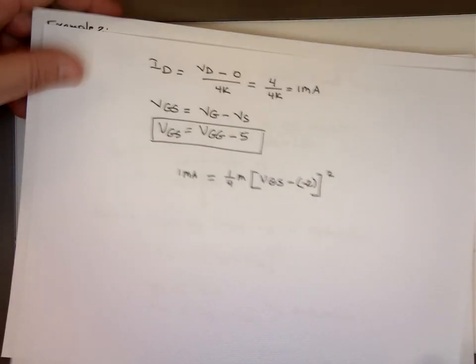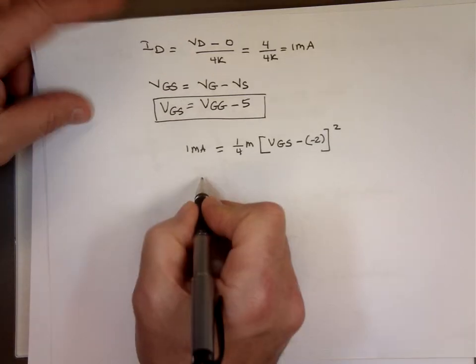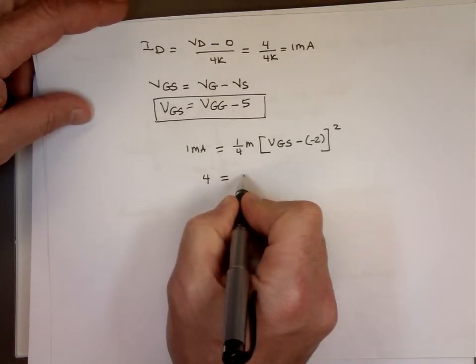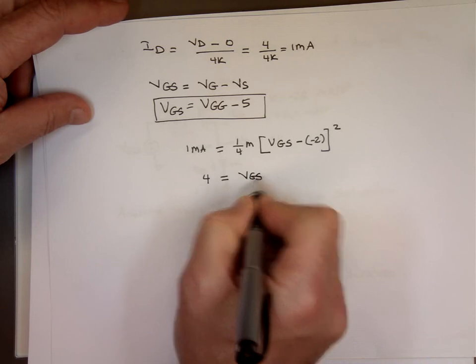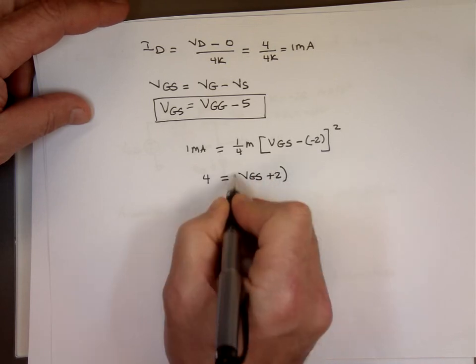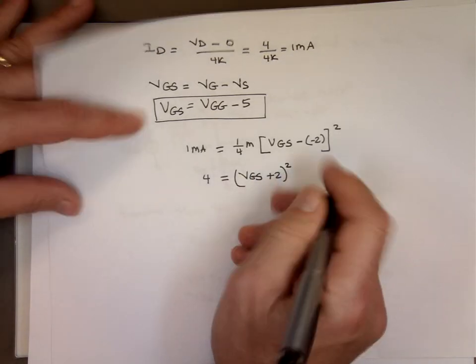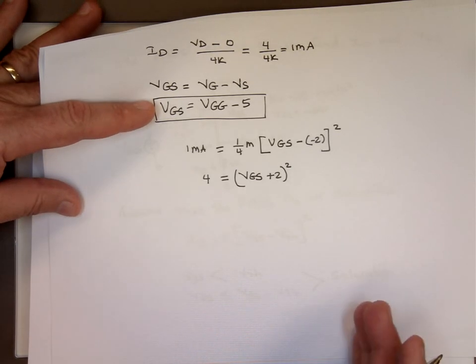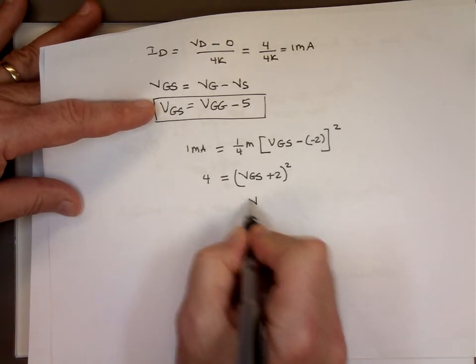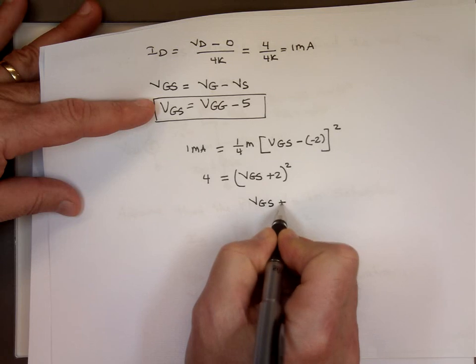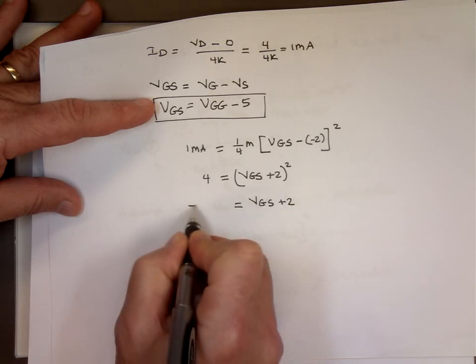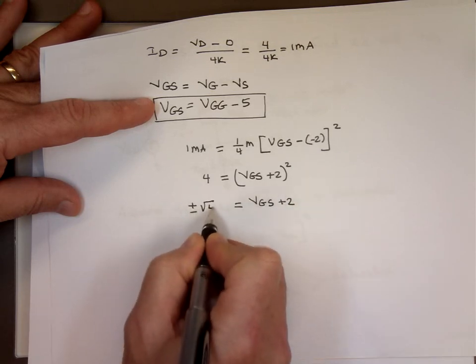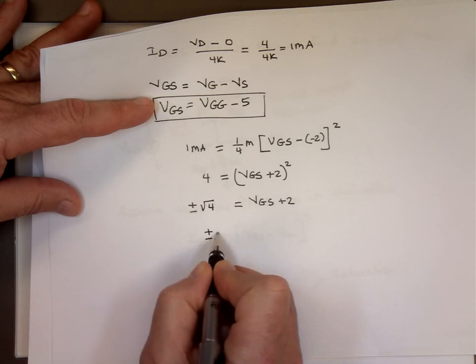So if you multiply both sides by 4, I'm going to have 4 equals (VGS plus 2) squared. If I use the square root method, that says VGS plus 2 has to equal plus or minus the square root of 4, and the square root of 4, we know that's a 2.